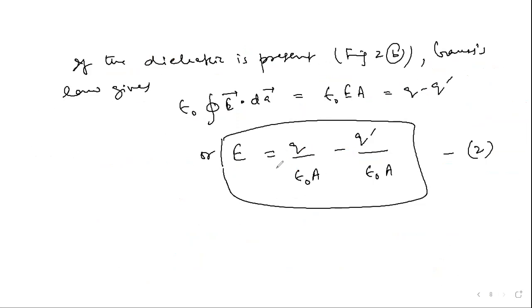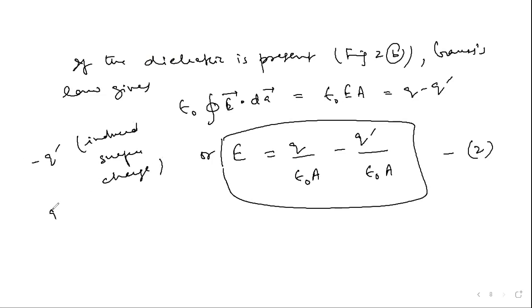So we have E equal to Q by epsilon naught A minus Q prime by epsilon naught A, in which, I repeat, minus Q prime is the induced surface charge, right?